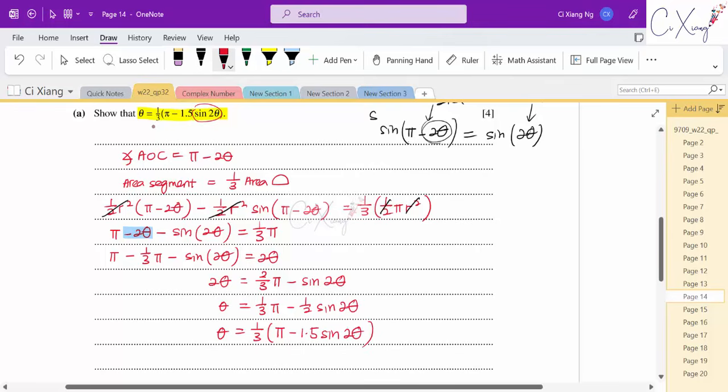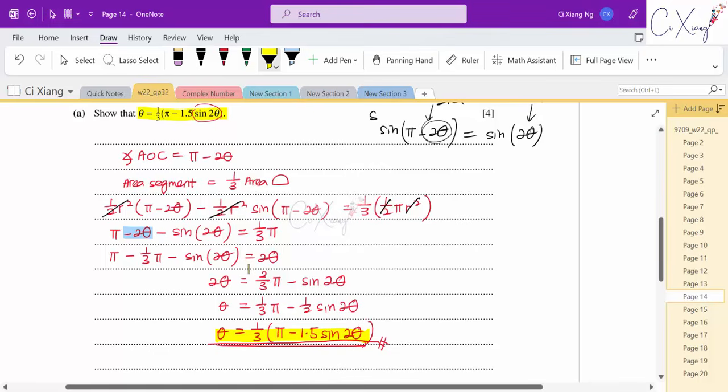Eventually we'll get this equation, theta equals this. The beginning part starts from the information that it gives us, where the area of the segment is equal to 1 over 3 the area of the semicircle. Then we slowly simplify and get this equation.